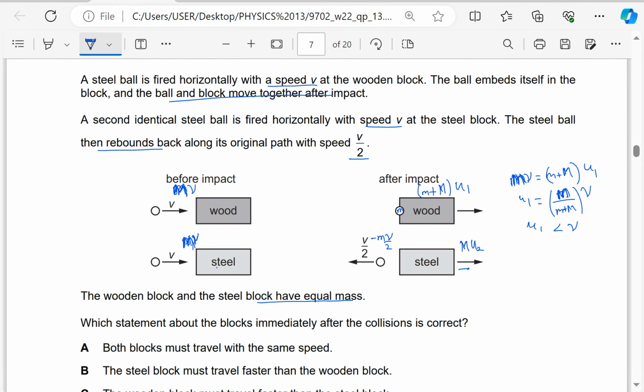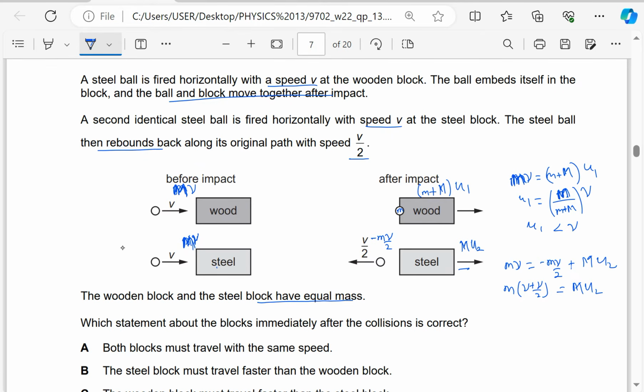By conservation of momentum, m times v equals negative mv over 2 plus capital M U2. Collecting like terms, I have m times v plus v over 2 equal to capital M times U2.